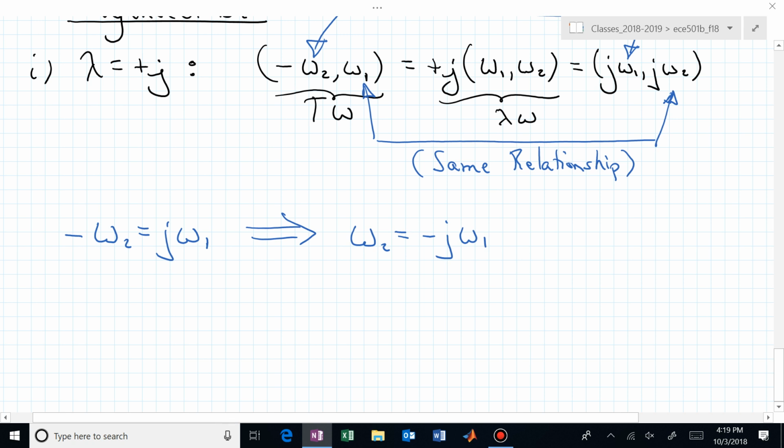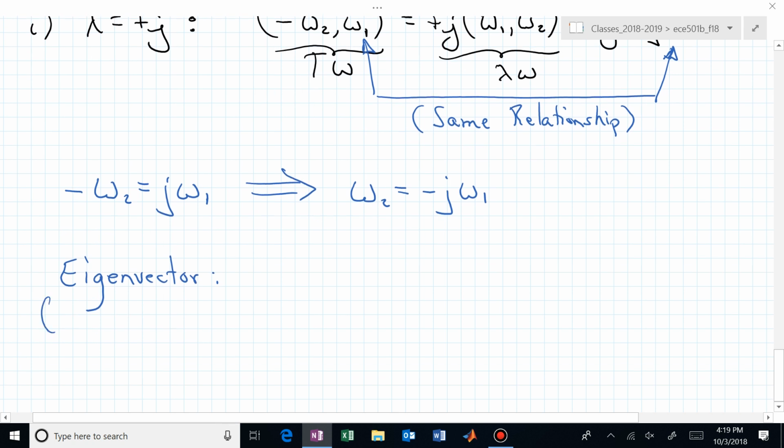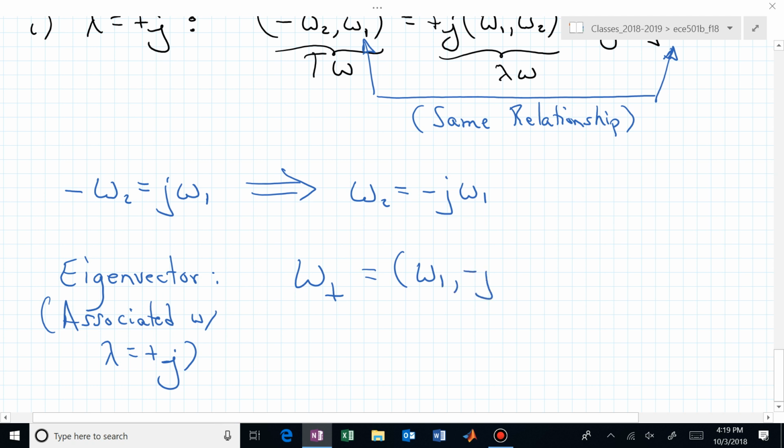Now we can say that the eigenvector associated with lambda equal to plus j is actually, let me say the vector is w plus for the positive eigenvalue, is now w1 is the first coordinate and the second coordinate is w2, but that can be written as a function of w1.